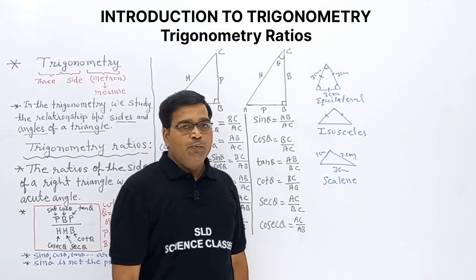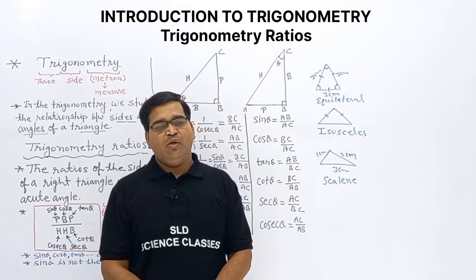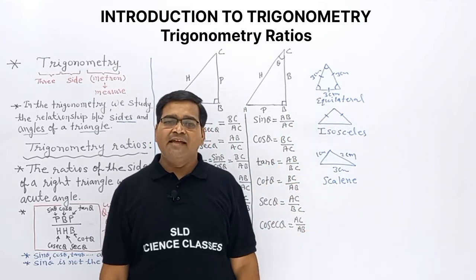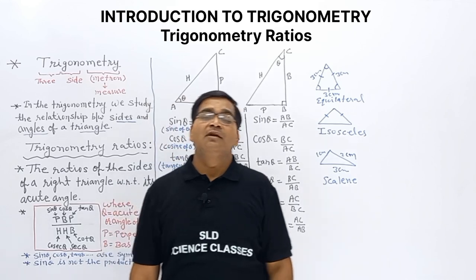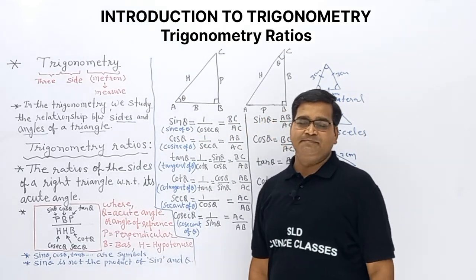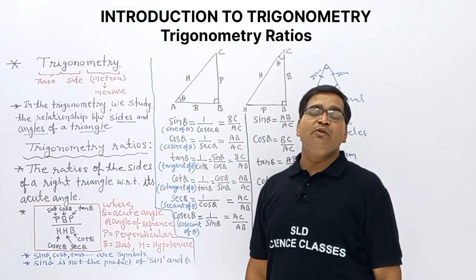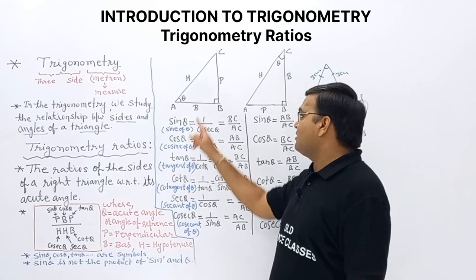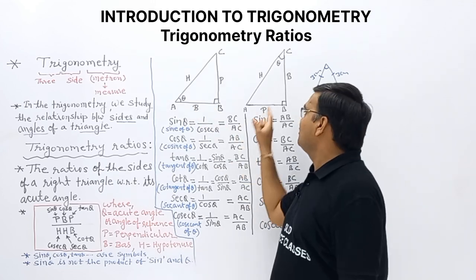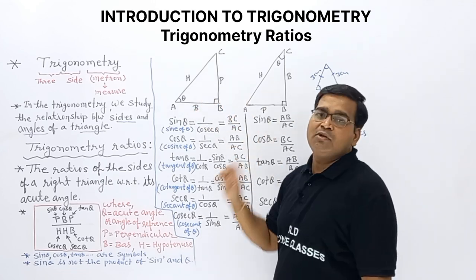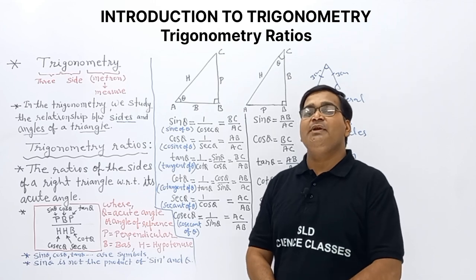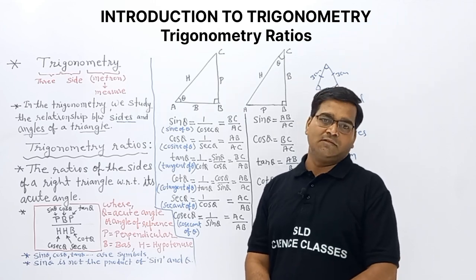But we will not use these triangles. We will use the right triangle. What triangle will we use in trigonometry? Right triangle. This one and this one. Both are right triangles, or we can say right angled.